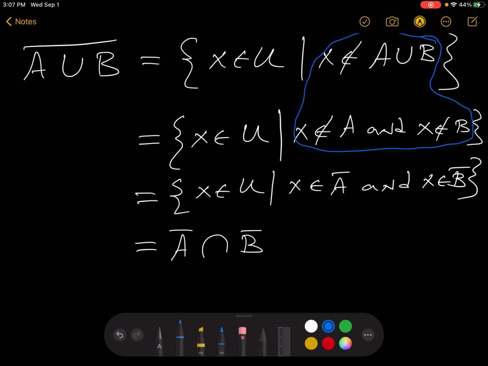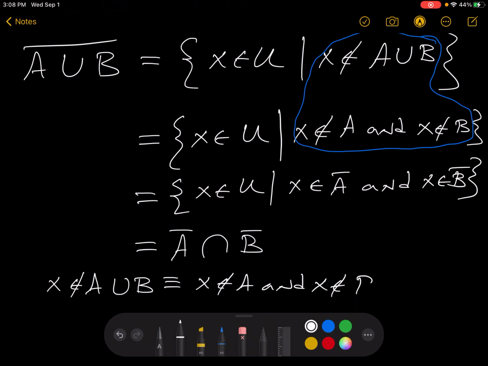These are statements really in logic. And the statement is that x is not in A union B is equivalent to x is not in A and x is not in B. So let's see why that is using De Morgan's laws.